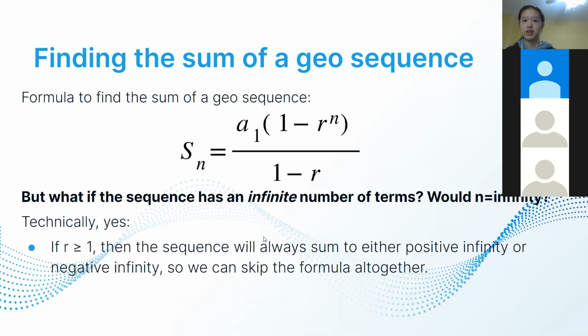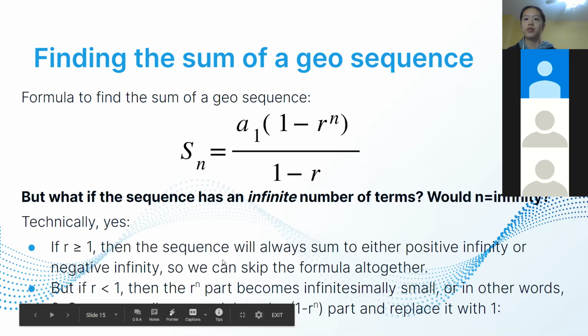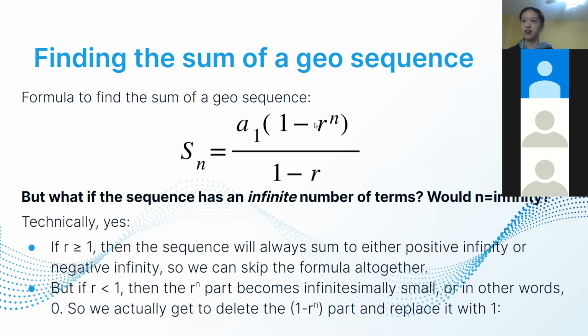But if r is less than 1, then the r raised to the n power part starts to get smaller and smaller each iteration. In other words, get your calculator and choose a number that's less than 1 or greater than 0.